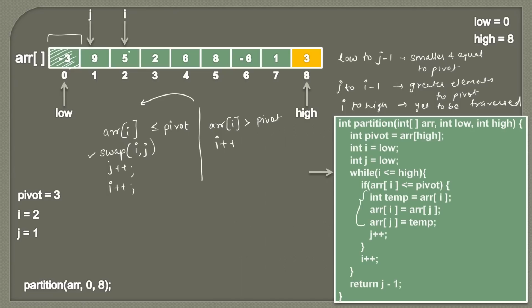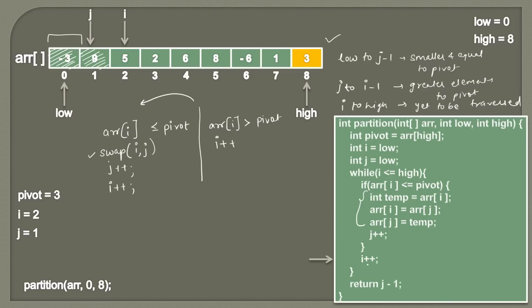From j to i-1, this element is in the range of the greater elements to the pivot. So these two conditions still hold good. i is still less than or equal to high, so this condition comes out to be true and the while loop will execute. Now 5 is greater than the pivot, so this condition comes out to be false.